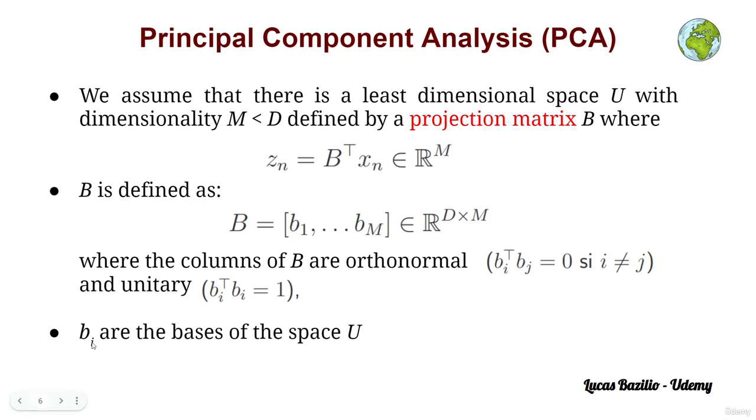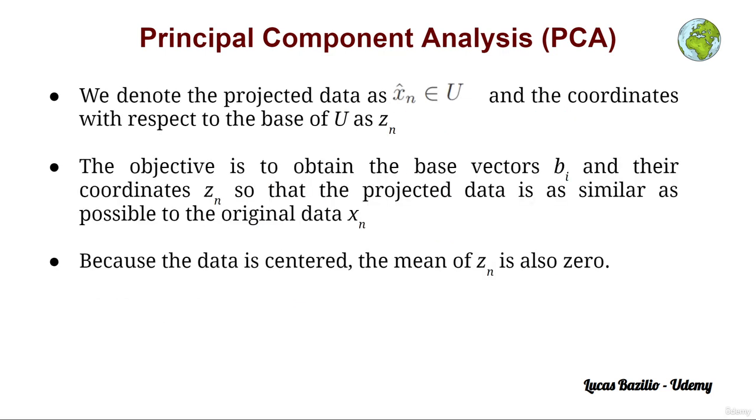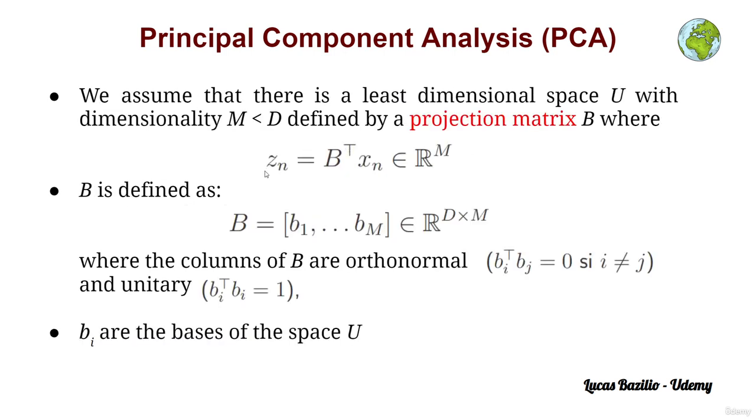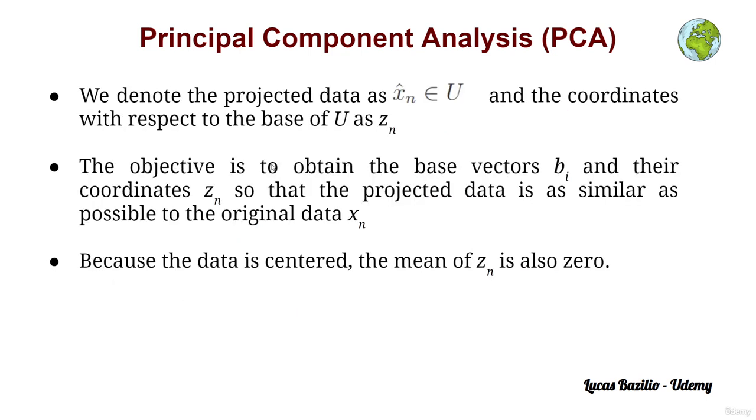So you can see each B with subindex I as a base of the space U. This projected data we denote with X with an arrow point and a subindex N. This projected data will belong to this dimension U, and the coordinates with respect to the base U are Z of N, which is this Z.